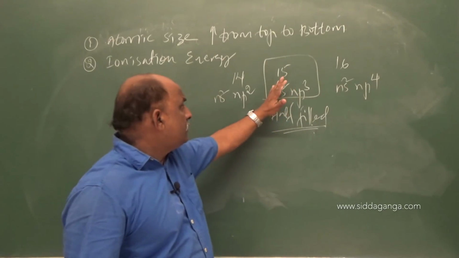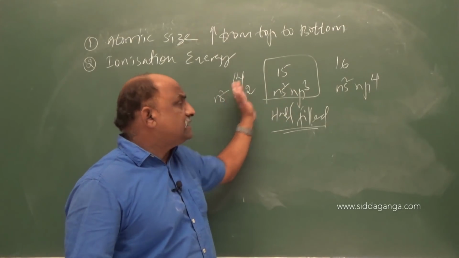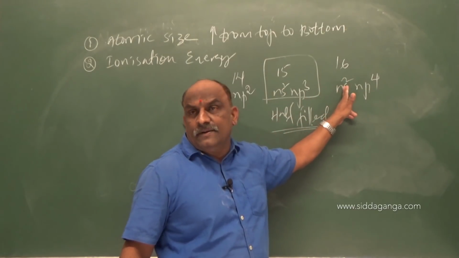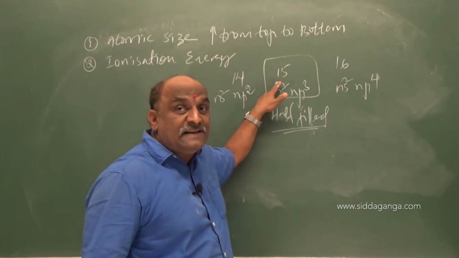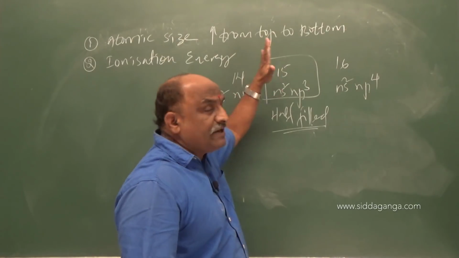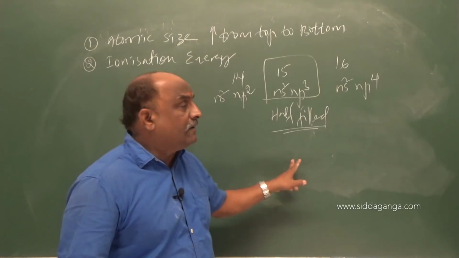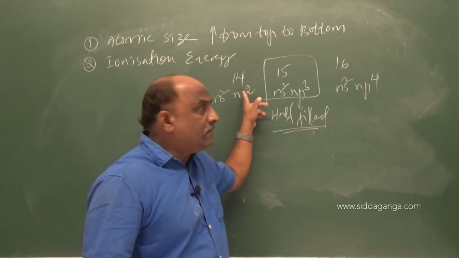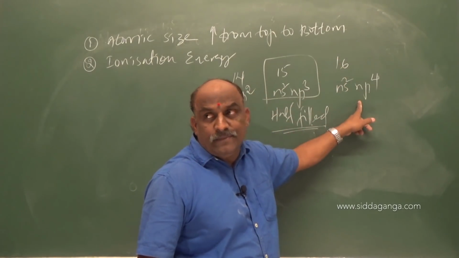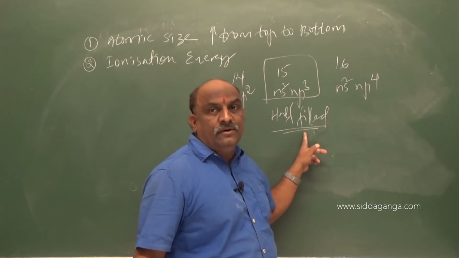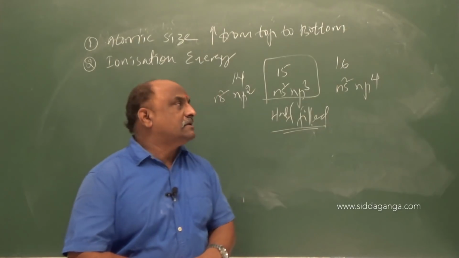So observe, compare to adjacent groups, the carbon family and the oxygen family. The first ionization potential values of 15th A group elements are high compared to 14th group elements and 16th group elements due to the half-filled electronic configurations of 15th A group elements.